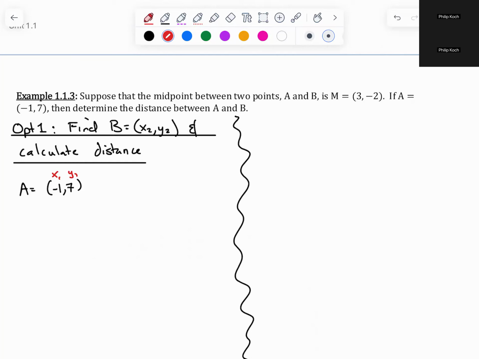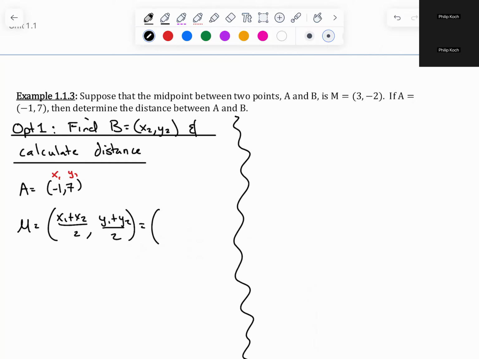What piece of information have I not used? The midpoint. I haven't used that information at all yet. There must be some reason that was given to me. There's got to be something I can do with that. The midpoint is x sub 1 plus x sub 2 divided by 2, comma, y sub 1 plus y sub 2 divided by 2.